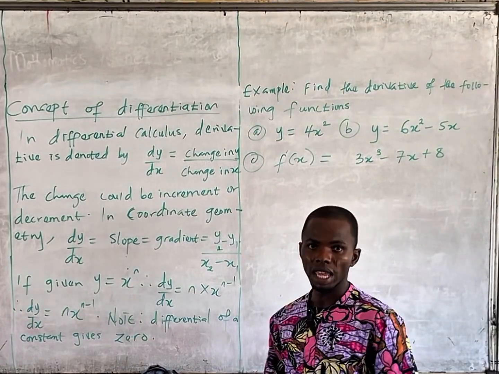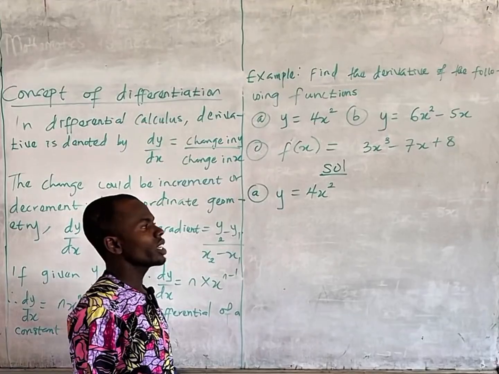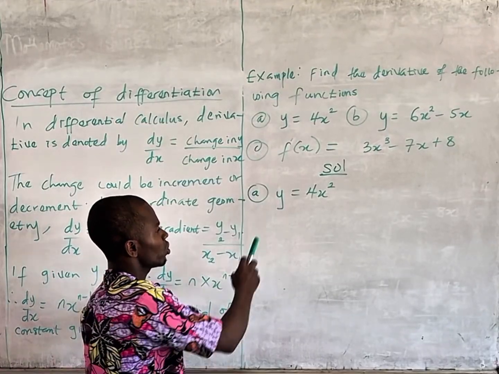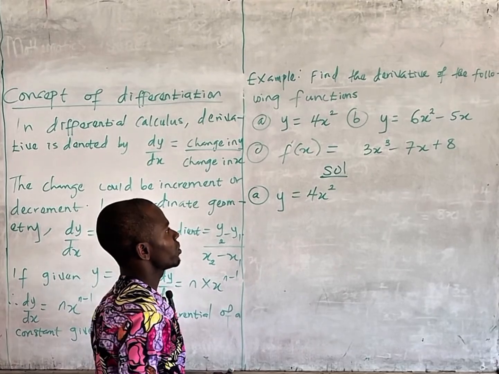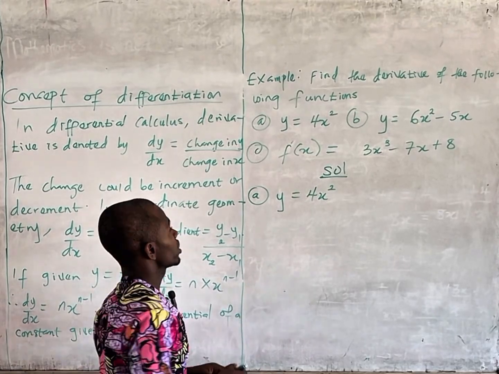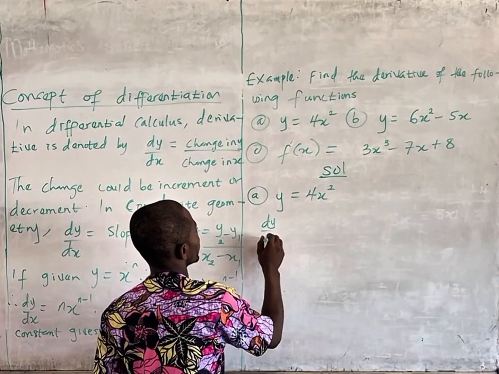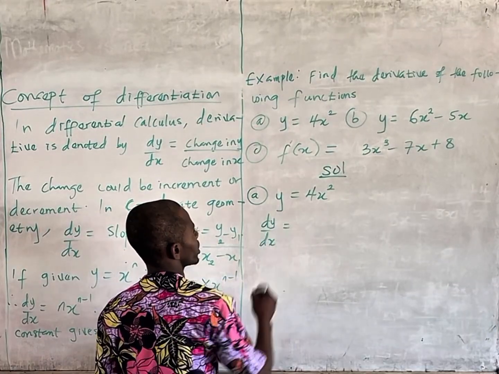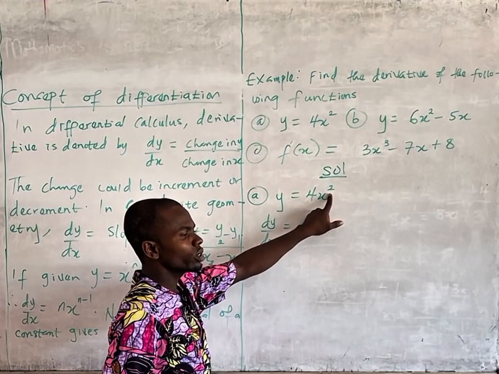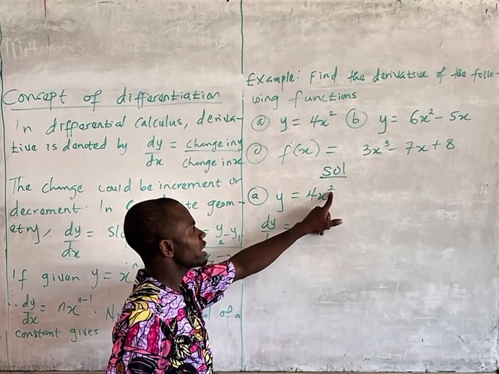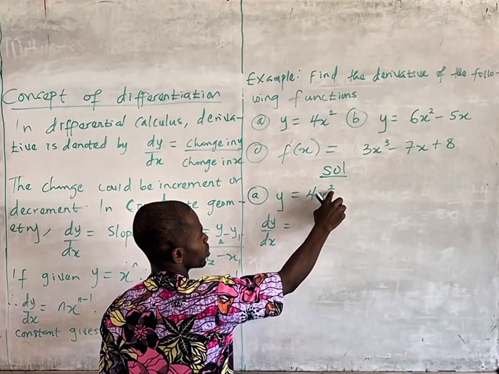Now let's go to some examples. For example A, we are given y equal to 4x squared. We have to find the derivative, dy over dx. Since we are dealing with the power of x, according to the general formula, you multiply this power of x by the coefficient.